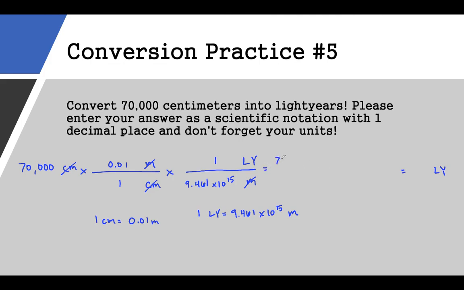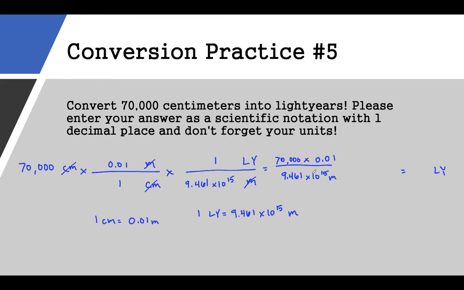We do 70,000 times 0.01 and divide it by this scientific notation, 9.461 times 10 to the 15th meters.